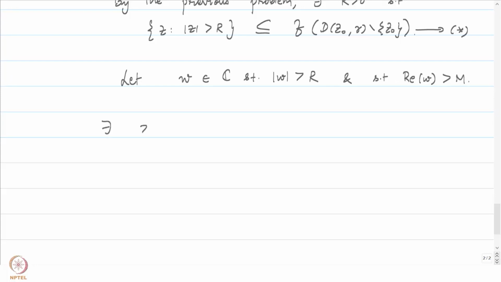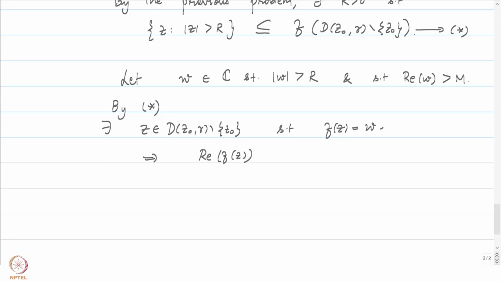There exists z in D(z0, r) minus {z0} by star such that f(z) is equal to W. And that would imply that the real part of f(z) is equal to the real part of W, which is greater than M, for z in D(z0, r) minus {z0}, which is a contradiction.